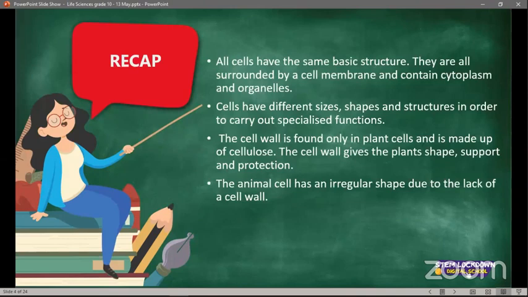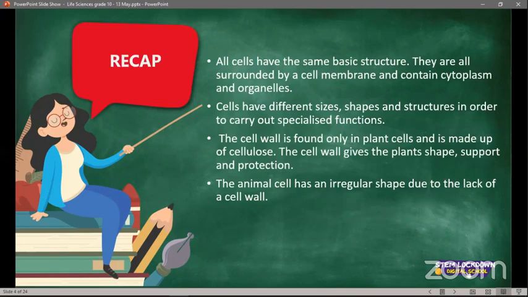On cell walls, we said that all cells have the same basic structure. They are all surrounded by a cell membrane and they contain the cytoplasm and other cell organelles. Cells have different sizes, shapes, and structures in order to carry out specialized functions.